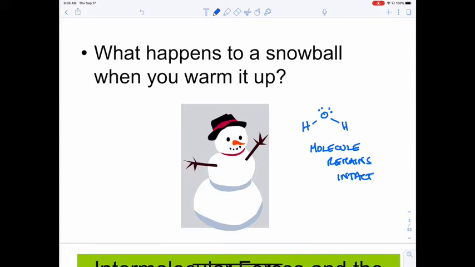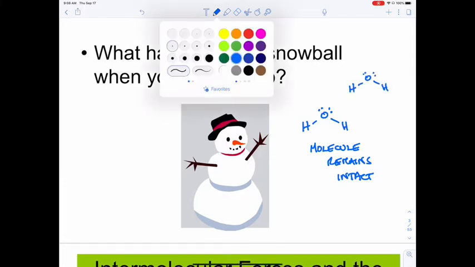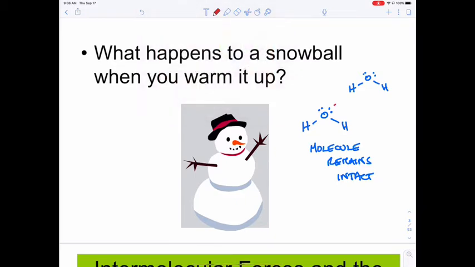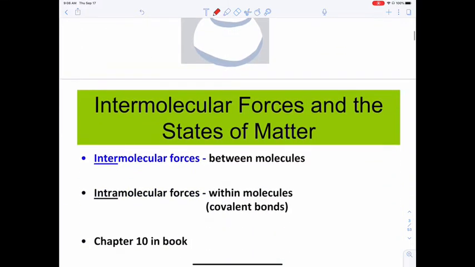So what actually happened? Well, there are some attractive forces between the water molecule and another water molecule. And what we're interested in now is, what are these types of attractive forces that are holding these water molecules together? And those attractive forces are what we call intermolecular forces.